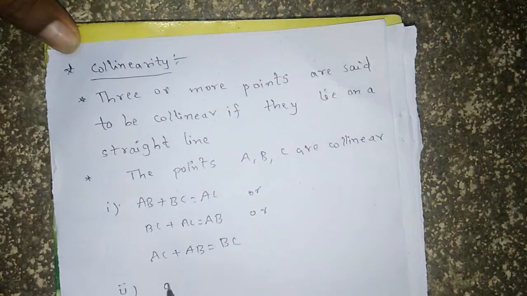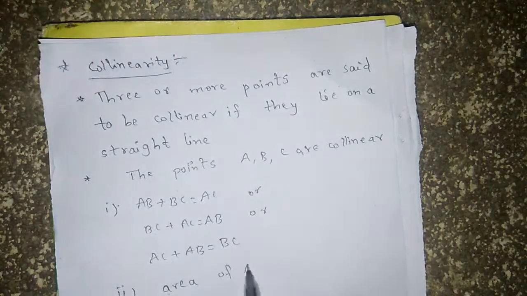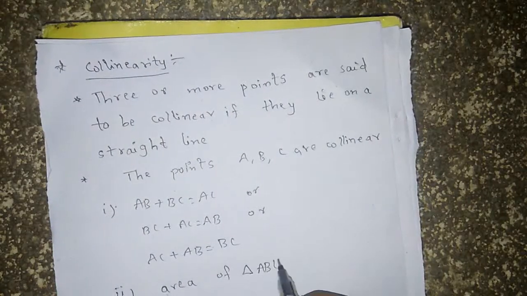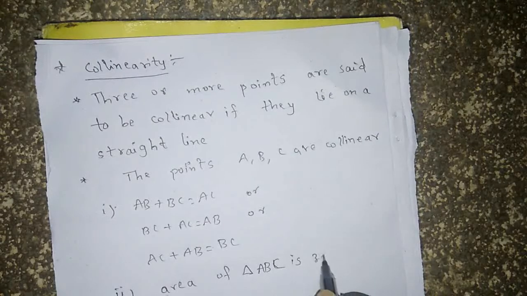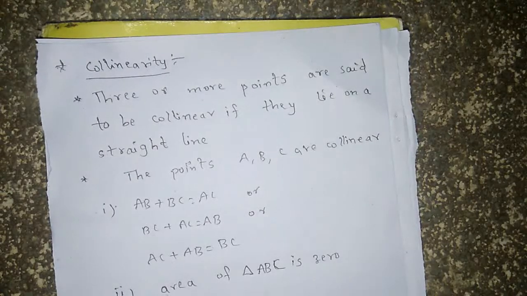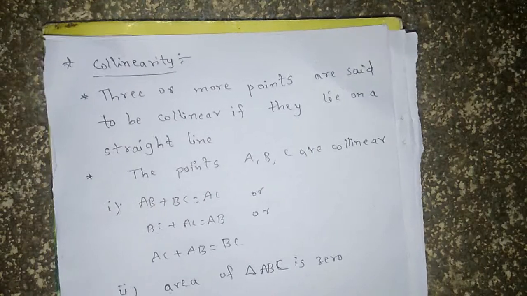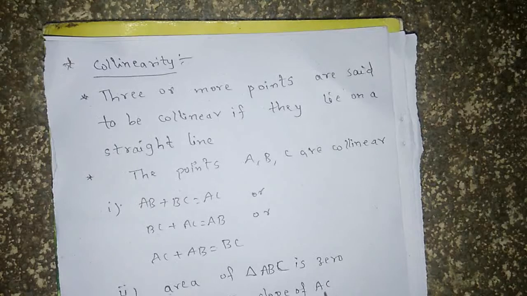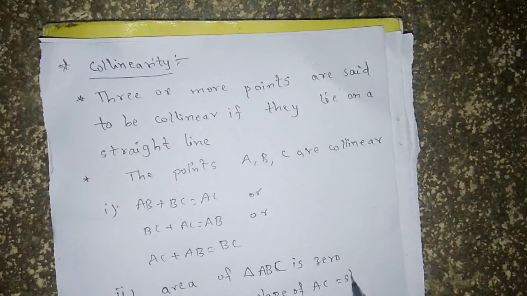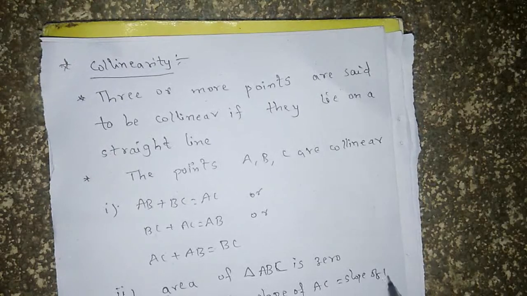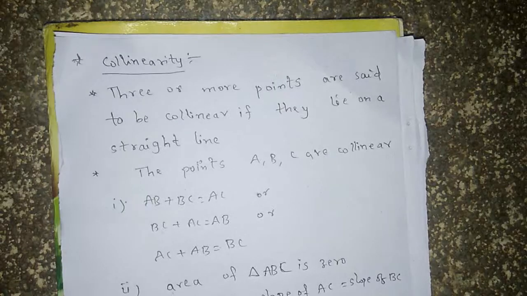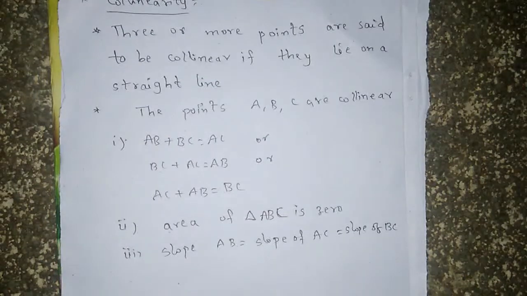Second, area of triangle ABC is 0. Next, slope of AB is equal to slope of AC is equal to slope of BC. These are the conditions for the collinearity of given points.